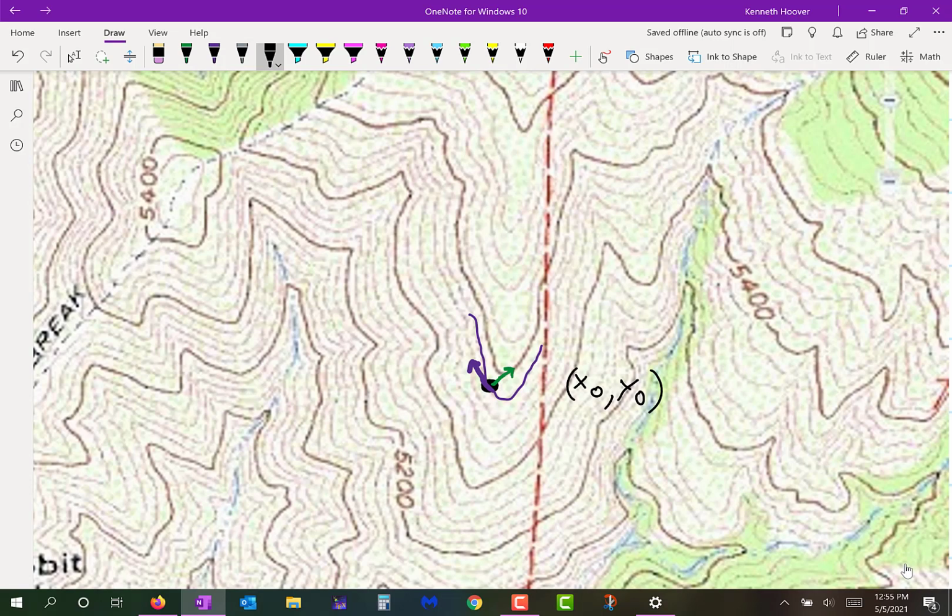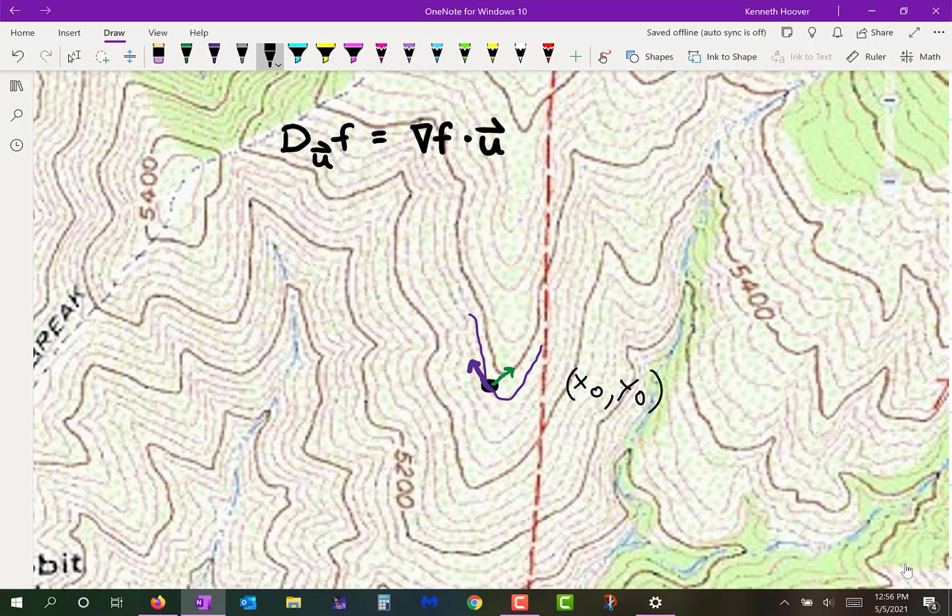Well, here's the reason why. Remember that the directional derivative of f in the direction of u is equal to the dot product of the gradient with u.